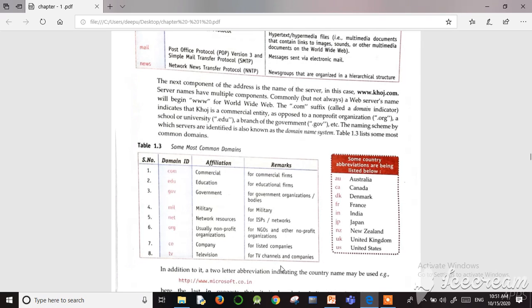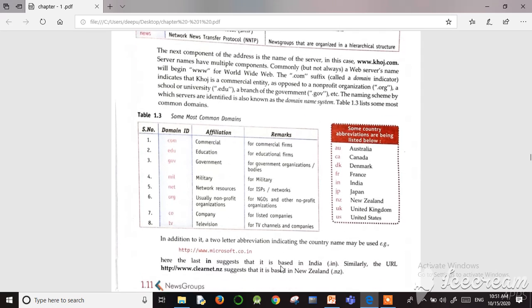For example, .in means India, .au means Australia, .ca means Canada, .jp means Japan. These are called domain names. This table is also important. Questions like what do you mean by .com, and what do you mean by domain names, may be asked. So this is the important table.